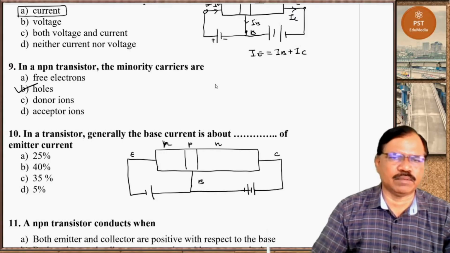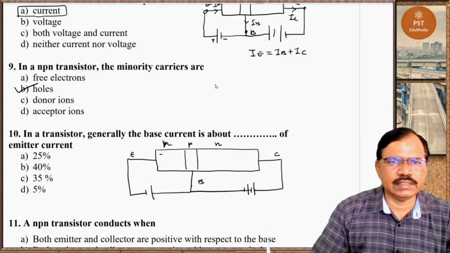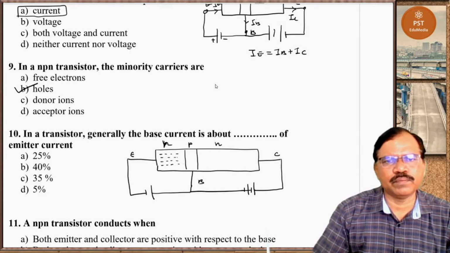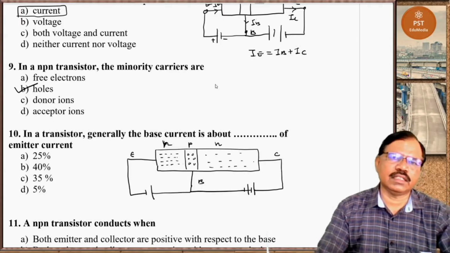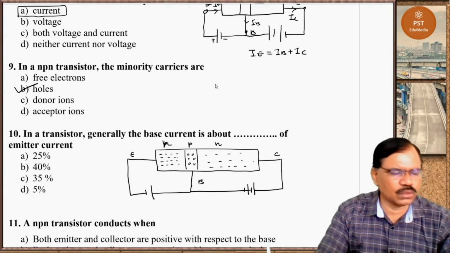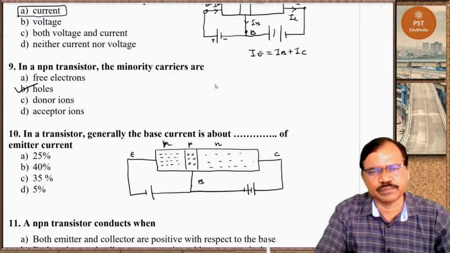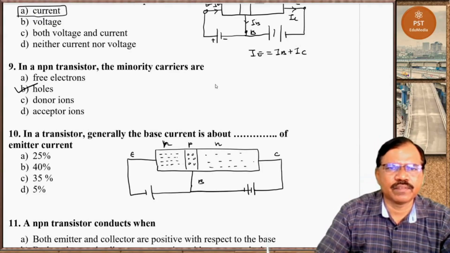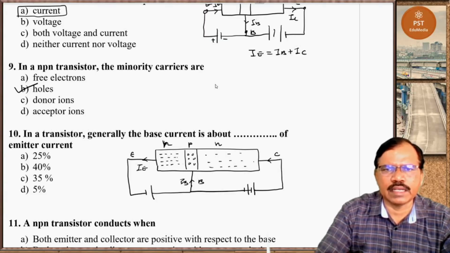So here majority charge carriers are electrons. It is heavily doped. Here we have holes as majority and here electrons. Since collector is moderately doped, concentration of electrons is less. So when we connect, here current flows. So here we get IE, here IB, here IC.